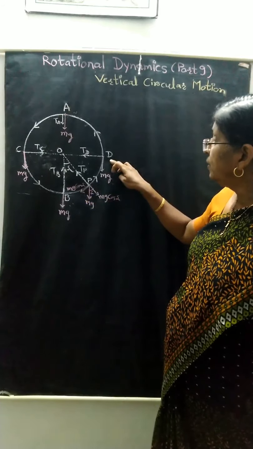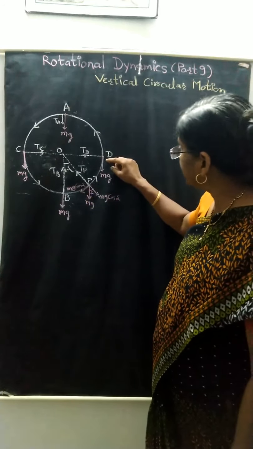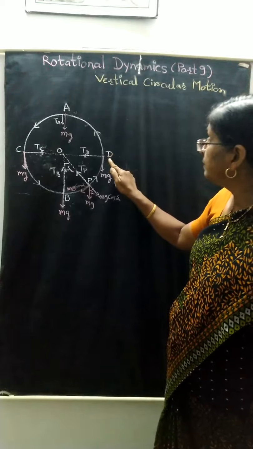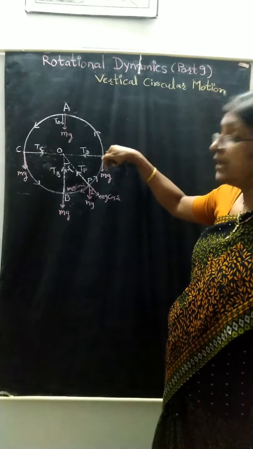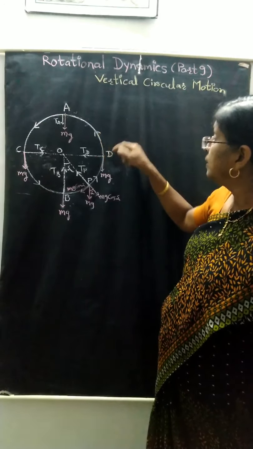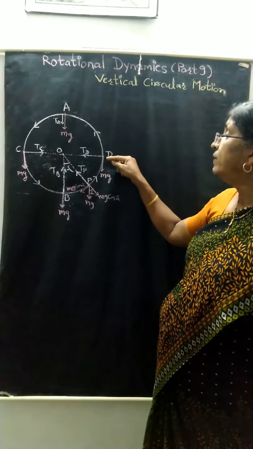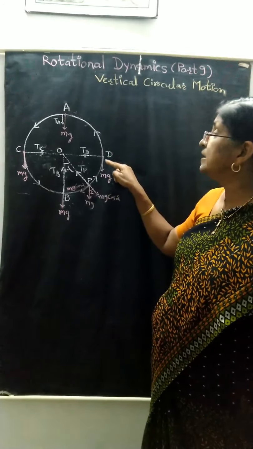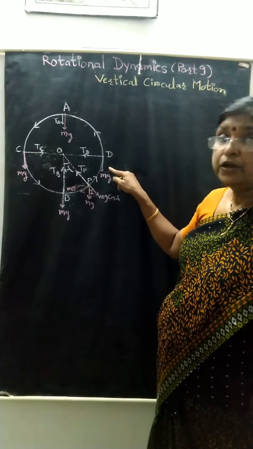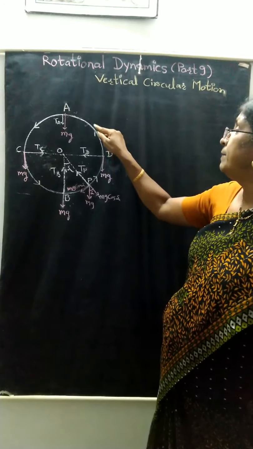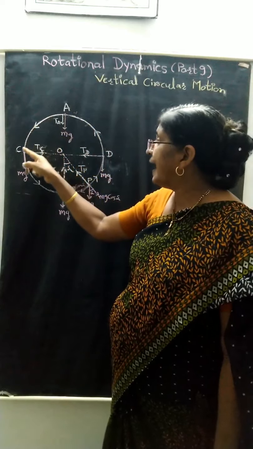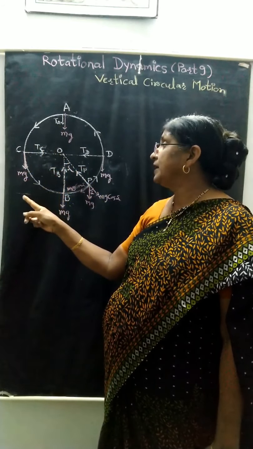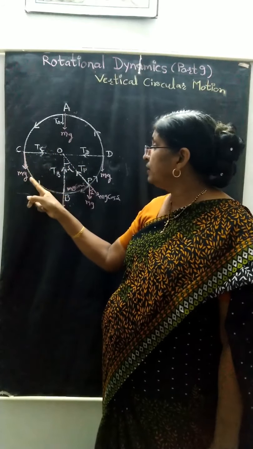At point D, you can see that mg is in the downward direction. So the particle is moving up, but mg is directed downward. So this tangential component will try to slow down the motion of the particle, that is, it retards the motion of the particle. On the other hand, when the particle reaches point C, mg is in the same direction as that of the motion of the particle.